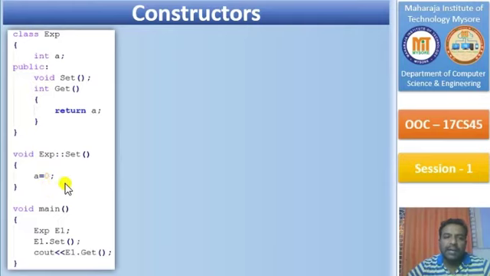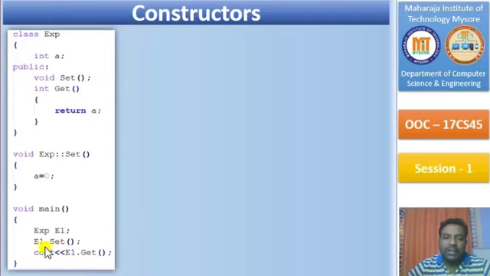The second member function is int get, which has been defined in the class itself. Hence, I'm not defining it outside the class with the scope resolution operator. Now in the main function, I'm creating an object of the class exp as e1, and I'm calling the member function set using the e1 object and a dot operator.